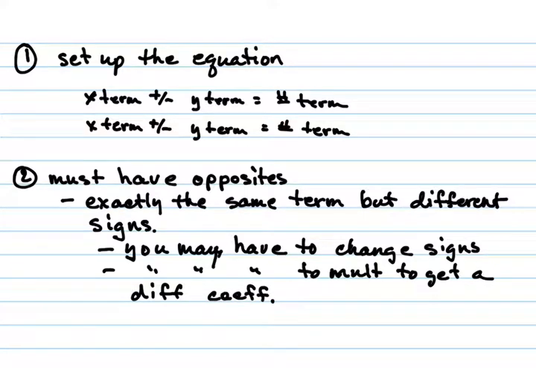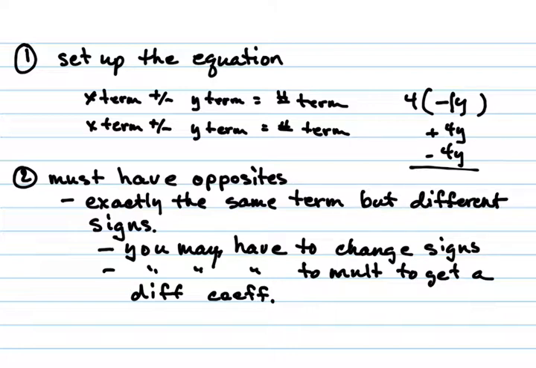So for example, if I had negative y and positive 4y, the signs are opposites, yeah? But 4 and 1, which is the number in front of that if there is no number, 4 and 1 are not opposites. But I could simply multiply that by 4, and now I have opposites. So you may have to change the sign, you may have to change the coefficient or the number in front. Sometimes you may have to change both.